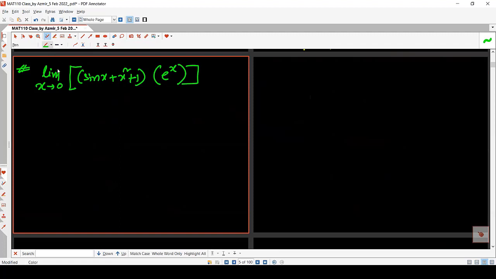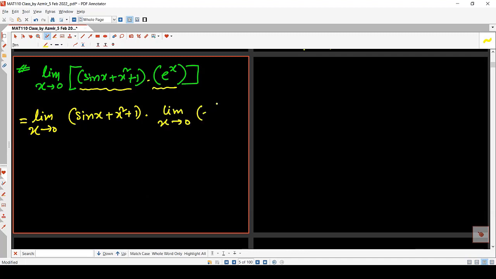So we can consider this one as f of x and this is as g of x, and there is a product here, f of x times g of x. So what we can do, limit of f of x times limit of g of x. So we have applied the product rule.